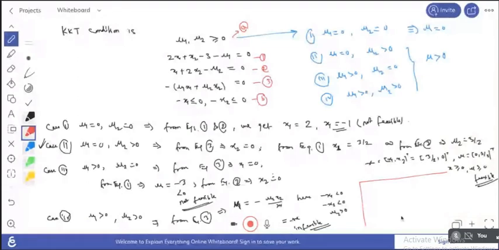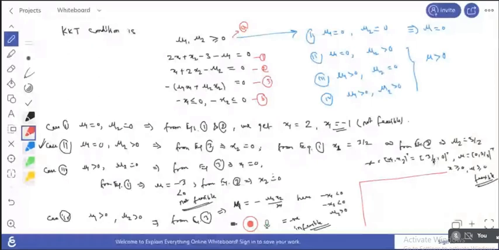Okay, so what is the solution? Which condition satisfies? So I think this second one. Okay. Yeah, take care of the second one. So this is the solution in which you get the final solution.